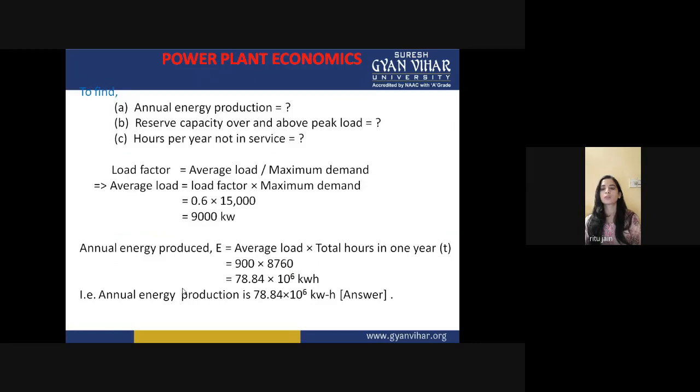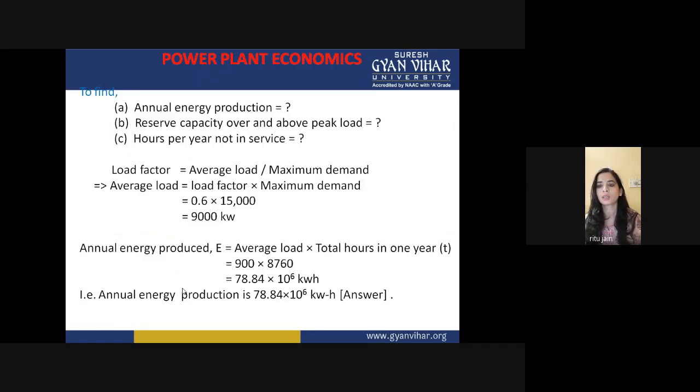Load factor is equal to 0.6 into 15,000, that is equal to 9,000 kilowatt. And the next one is your annual energy produced, that is your average load into total hours in 1 year. Total hours in 1 year, if you multiply 365 days into 24, you will get 8760 total hours in a year.